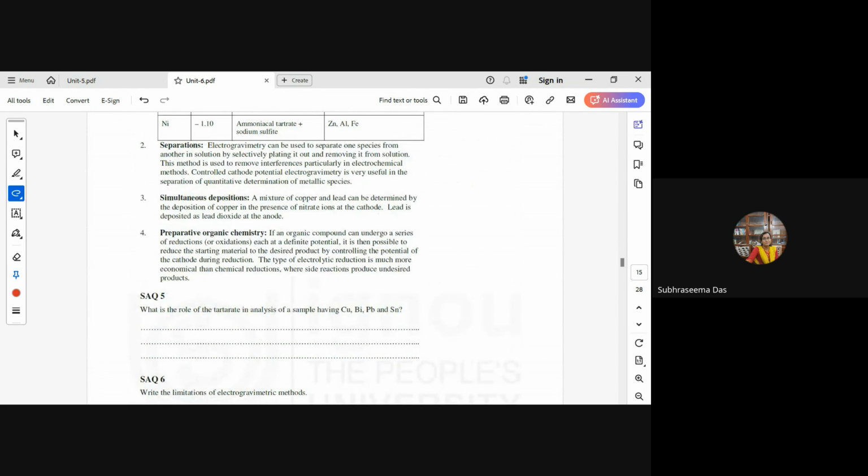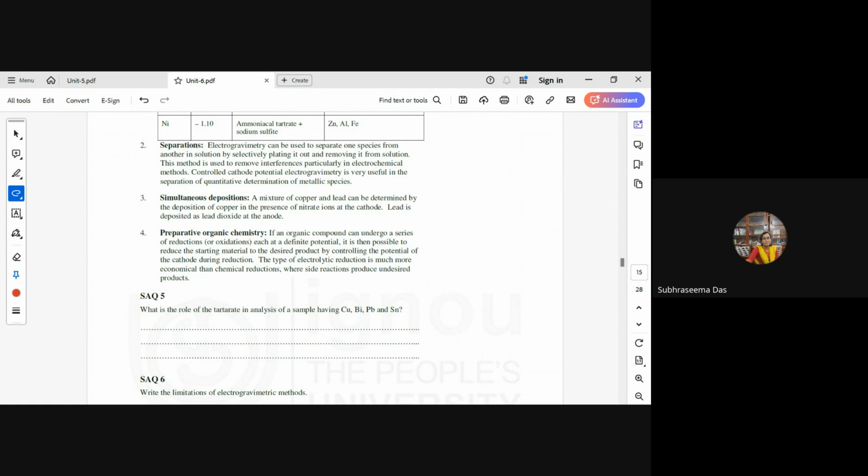A mixture of copper and lead can be determined by the deposition of copper at the cathode in the presence of nitrate ions, where lead is deposited as PbO2 at the anode. Electrogravimetry is also used in preparative organic chemistry, where an organic compound undergoes a series of redox reactions at a particular known potential.